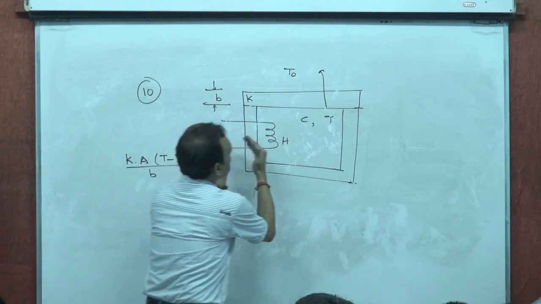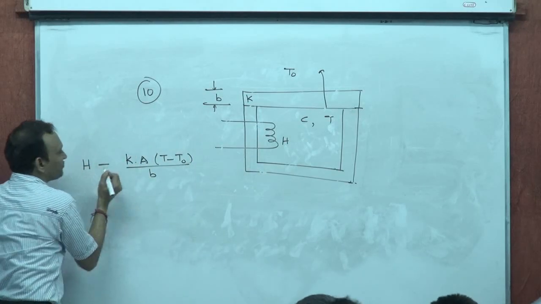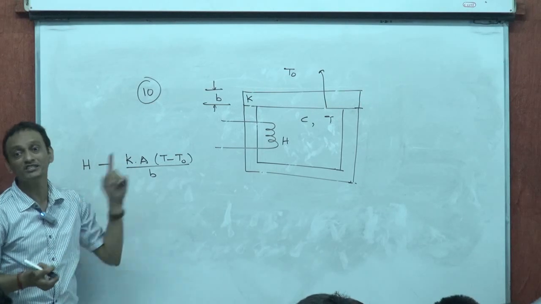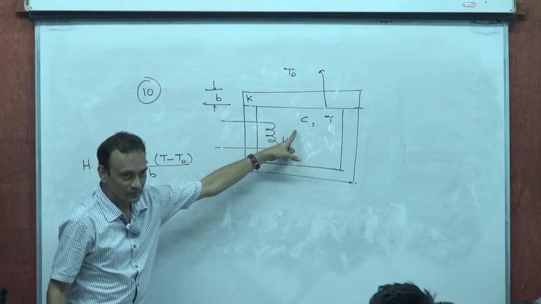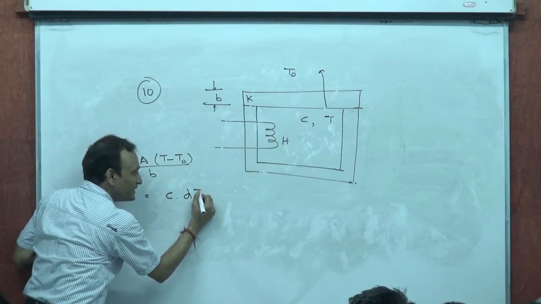What are the watts that are entering the system? H. So what is the net accumulation of heat? This much is conducted out, and what does this do? It increases the temperature of this. So this must be mass into specific heat, which is C into dT.